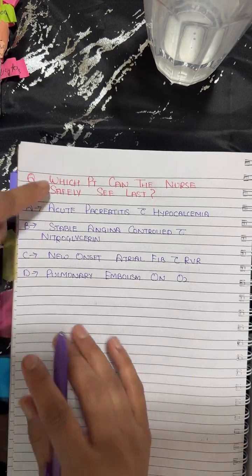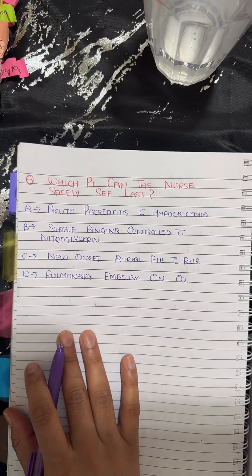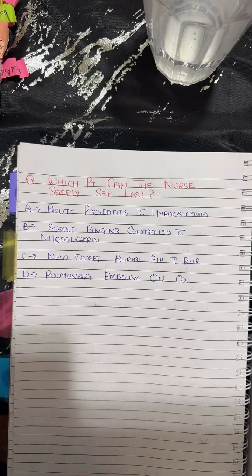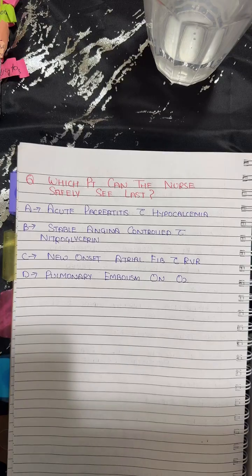Okay, so please read the question carefully and then answer. It seems like every answer's right. B, C, the answer is B, stable angina controlled. Too easy. Hard to select.